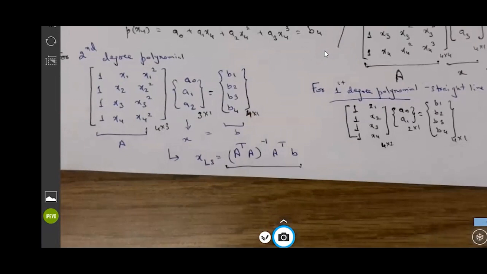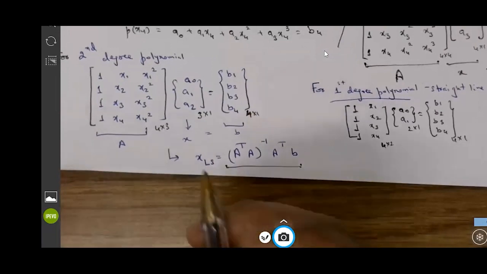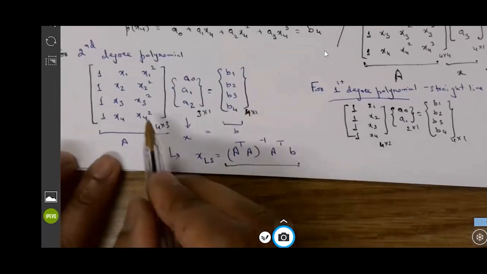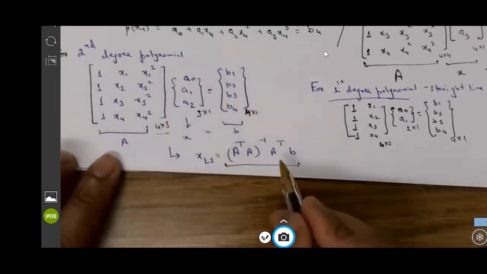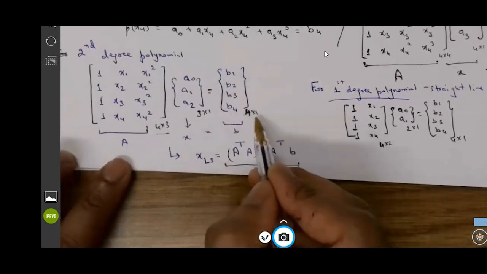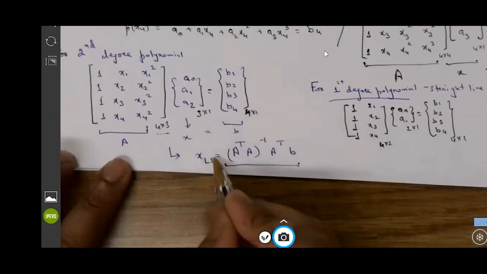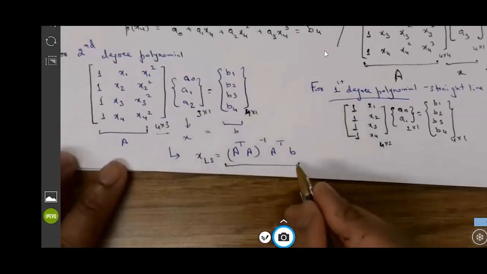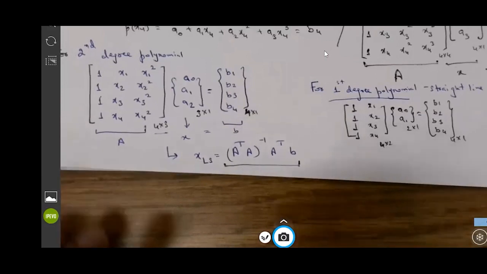If the dimension of the A matrix is 4 rows, 3 columns, and the dimension of the B vector is 4 rows, 1 column, what is the dimension of this X vector, the least squares solution? 3 by 1.